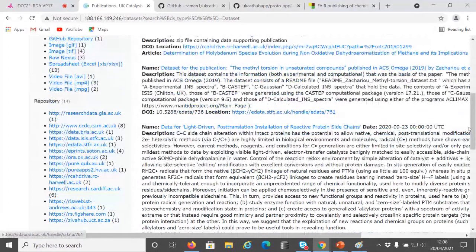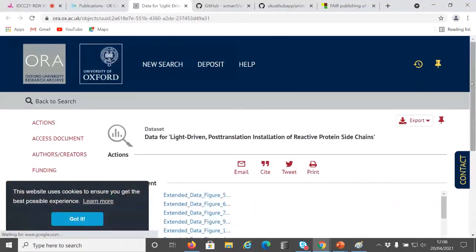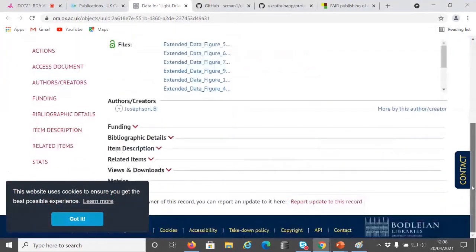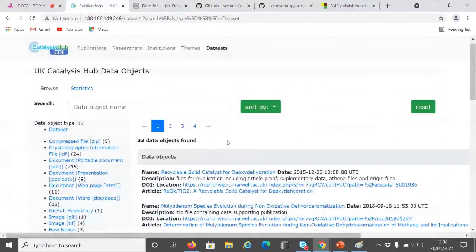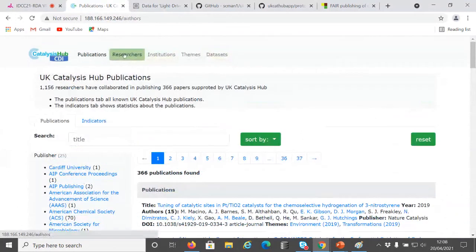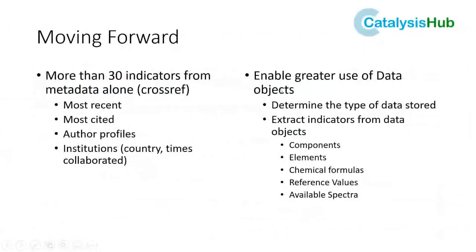So we can drill down and actually click on the links and see the information on the repository. So that's the main goal of this data infrastructure, to link between publications and data sets and researchers, and even get more insights from the data.